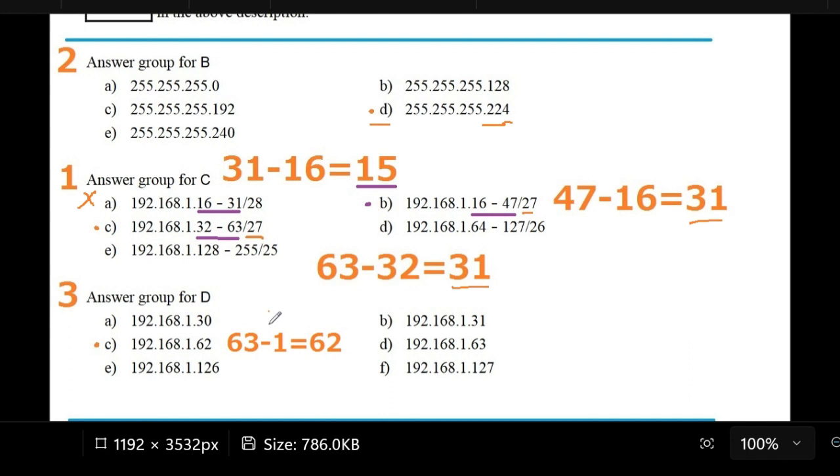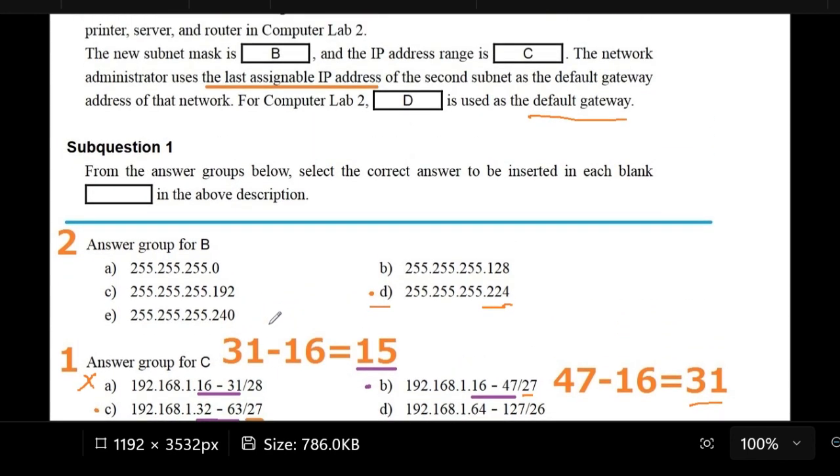Okay, now answer group D is saying that we're choosing the default gateway and it should be the last assignable IP address.